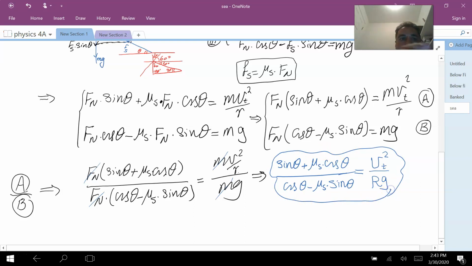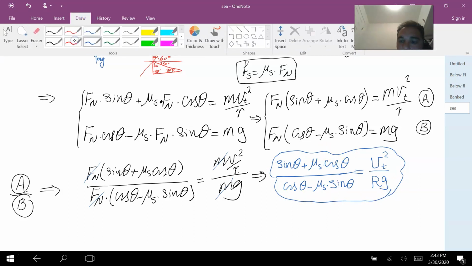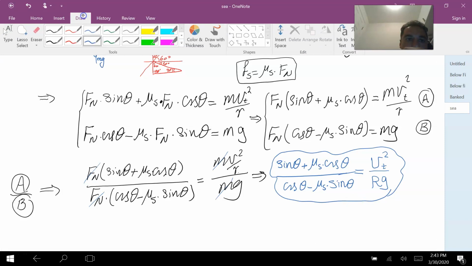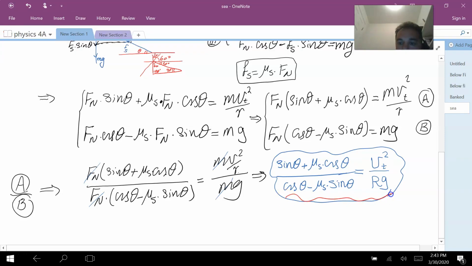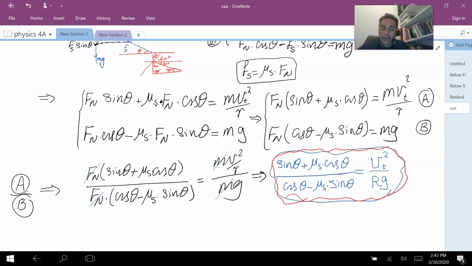Now I want you to pay attention to this very important equation. Engineers, when they are going to make the curve on the road, in the highways, everywhere, they use this equation. Did you know that? What is Vt?